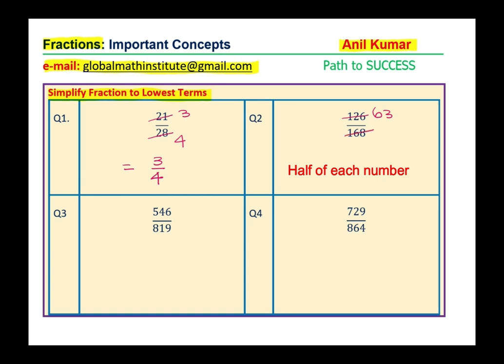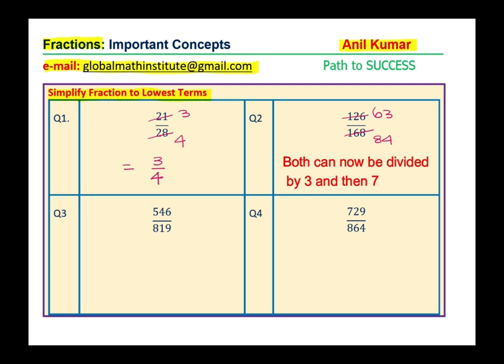In the denominator, when you divide 168 by 2, half of this is 84. So we have 63 over 84. 3 plus 6 is 9, and 8 plus 4 is 12. So both can be divided by 3, right?